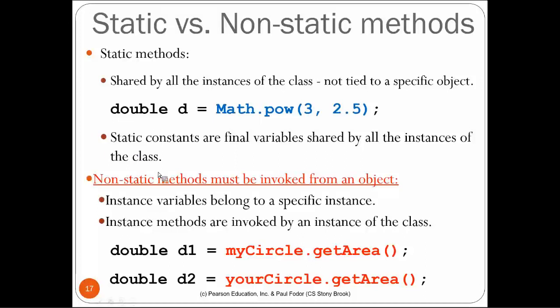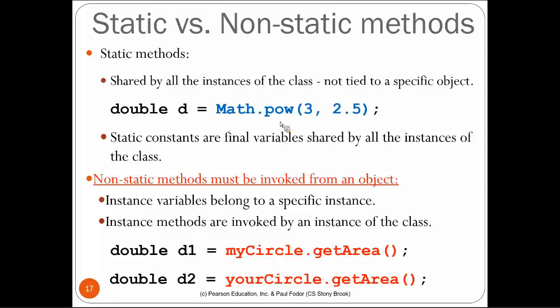Now, if you don't put the keyword static in front of your method, then the method must be invoked for a specific object. Like for instance, myCircle.getArea or yourCircle.getArea. It will be invoked with real instances of objects, and it may also contain instance variables, data fields that belong to that specific instance.